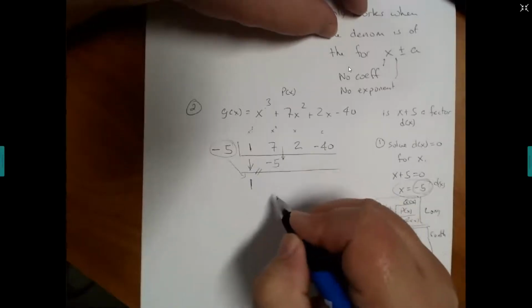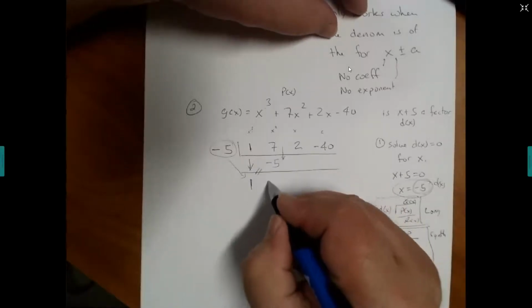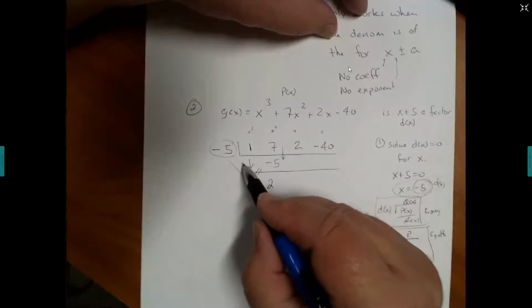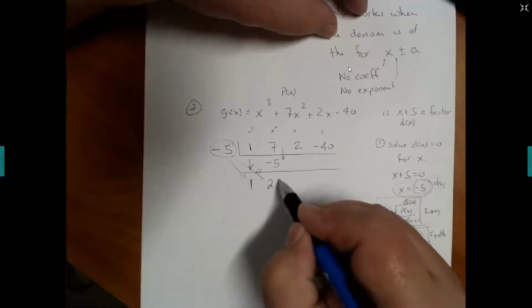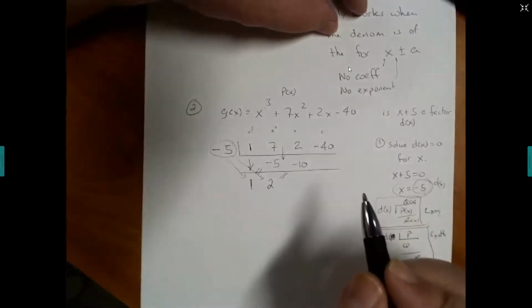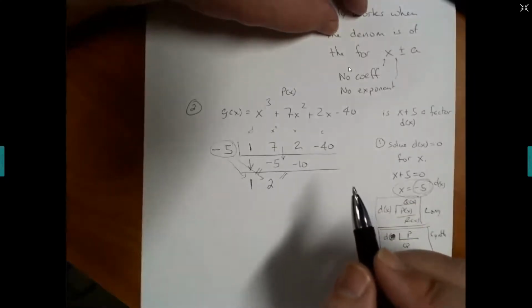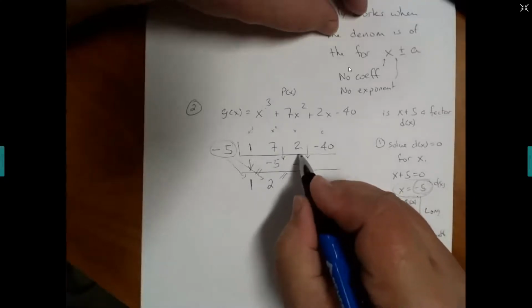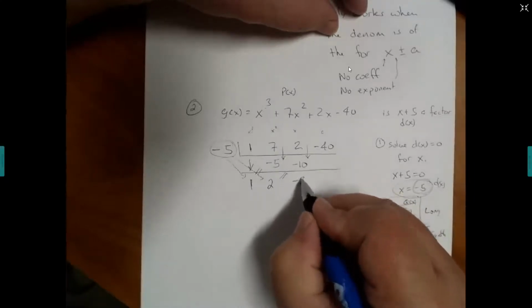Now add. 7 minus 5 is 2. Repeat the process. -5 times 2 equals -10. Now add. -10 plus 2 is -8.